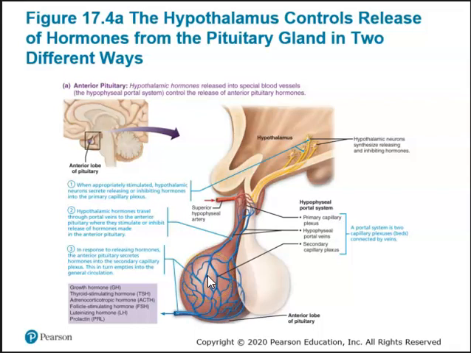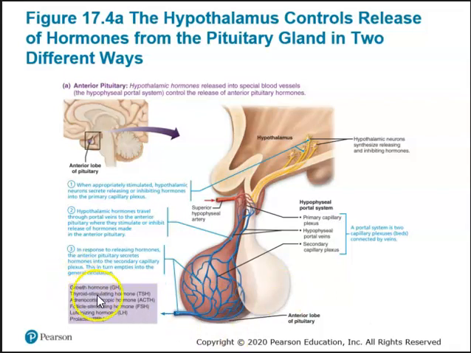There they will stimulate or inhibit the release of hormones that are made in the anterior pituitary. In response to releasing hormones, the anterior pituitary will secrete hormones into a secondary capillary plexus, which will then empty into the general circulation to go to its target effector cells or effector organs.